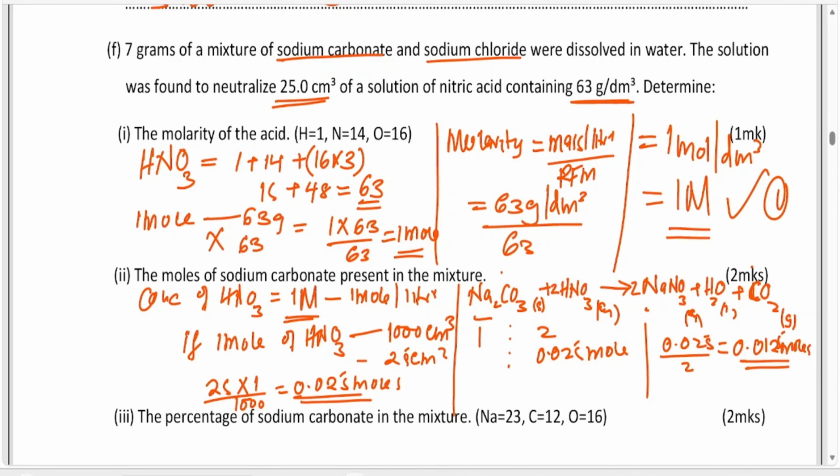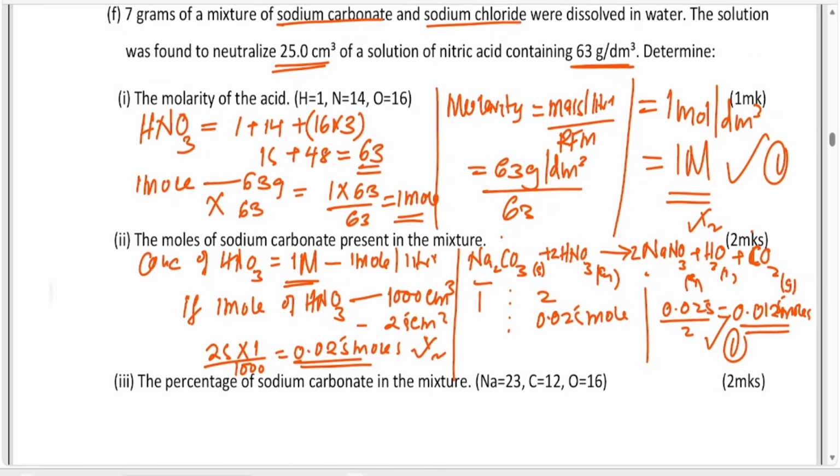So those are the moles of the carbonate that were used. So here, writing the equation, I have a mark. Determining the moles of the acid here, I have a mark. And finding out the mole ratio here, 1 mark. So those are 2 marks.